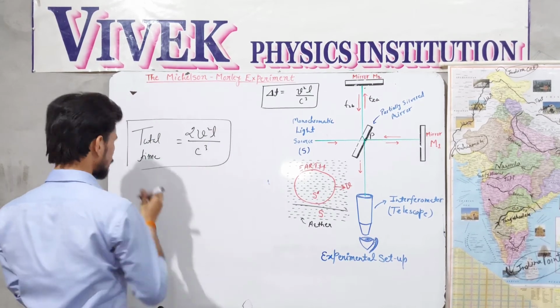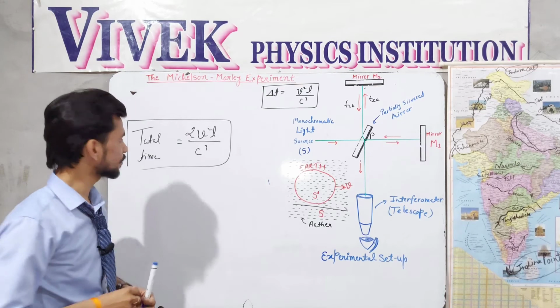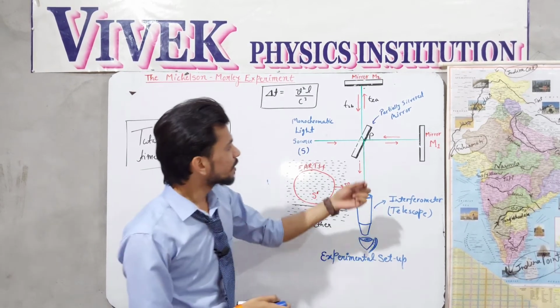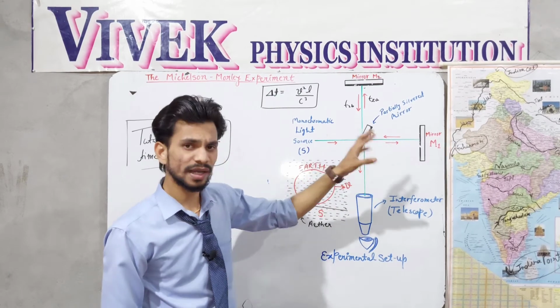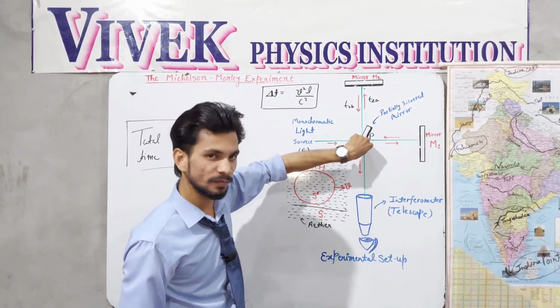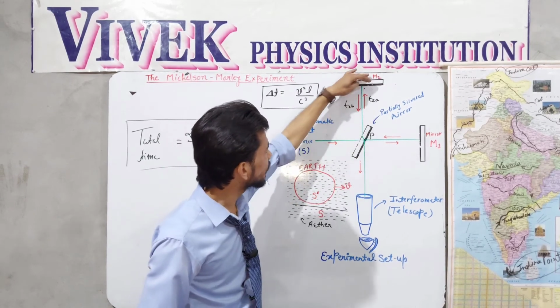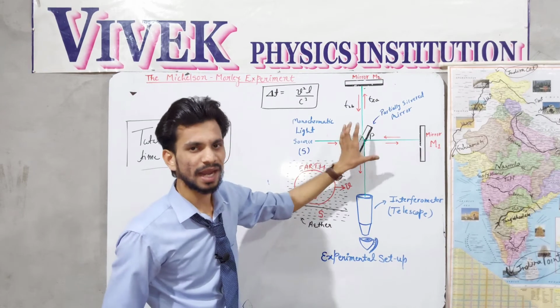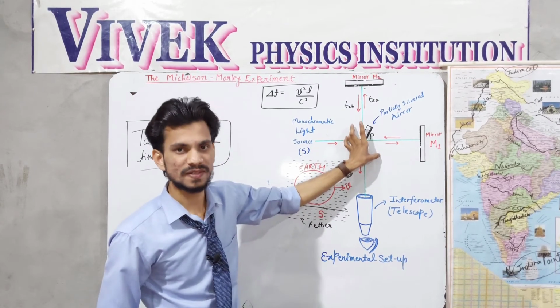Now because of this particular total time difference, there will be a shift in the fringes. Okay, in the first case, when this ray comes to point P and this ray comes from mirror M2 to point P, they interfere at point P and make interference fringes.